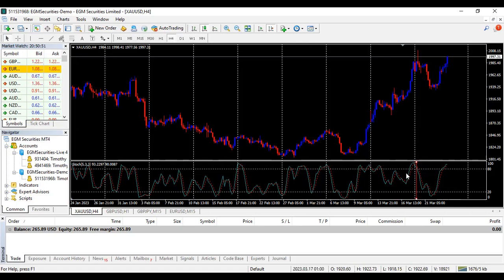And you can see after that, the crossover that happened here, the crossing over of these moving averages, is the confirmation to you. Once these two lines cross over each other, it confirms to you and gives you a signal that the market is now selling. Okay, so you can enter your sell entry.